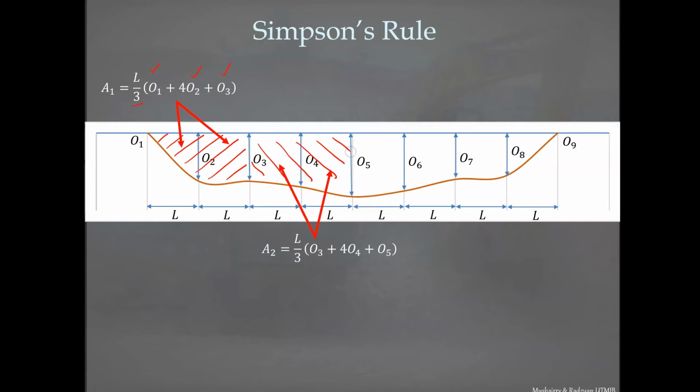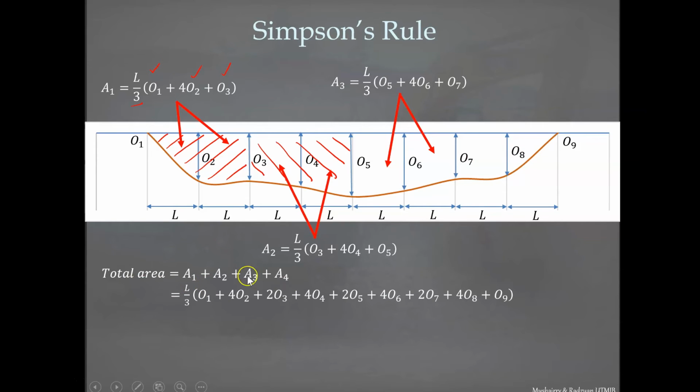So the concept is you will be using two strips at one time. The same goes for the third area, which is going to take those two strips there, and the last area, those strips there. So if we add them up, total area will be A1 to A4, and that will be the summation.